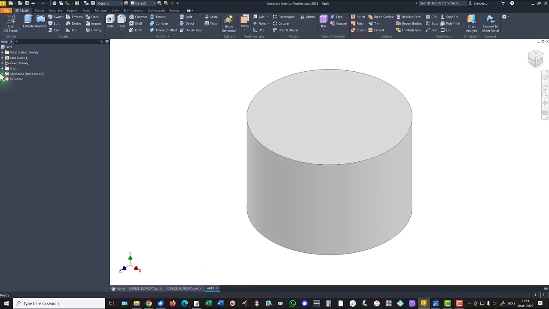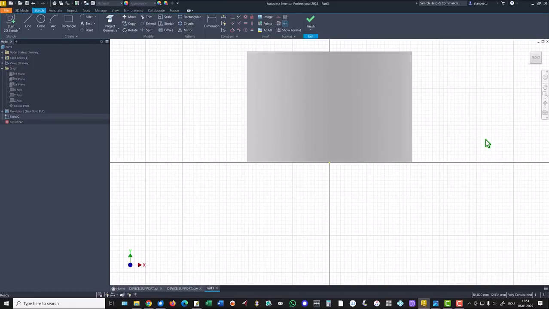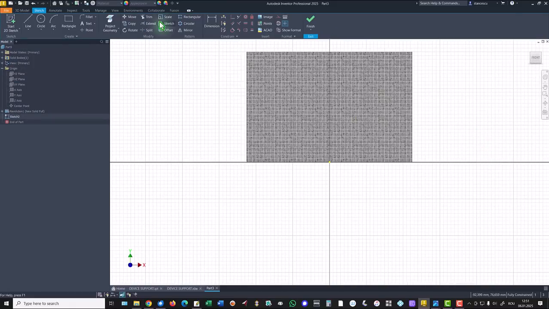We use the plane XY, F7, project everything, line from this midpoint to the generator. The angle is 15.